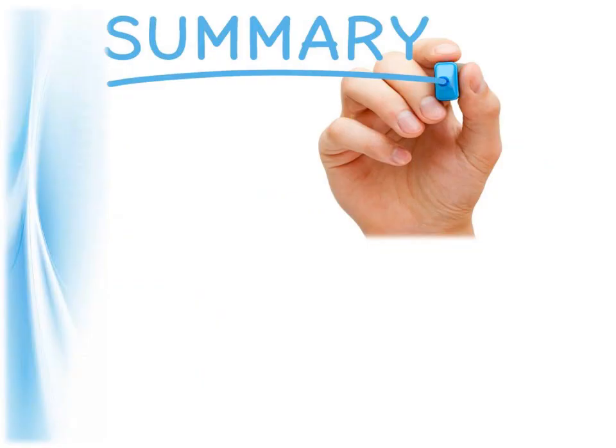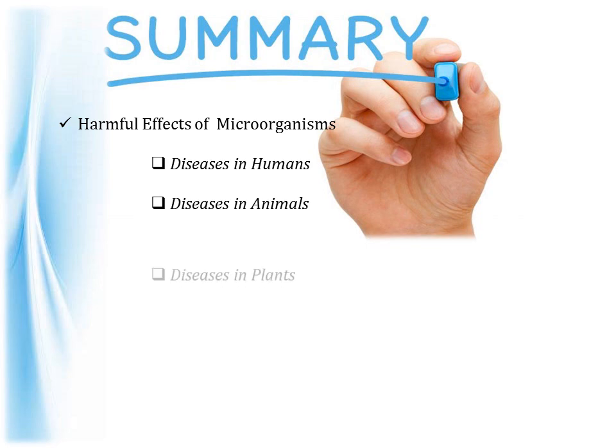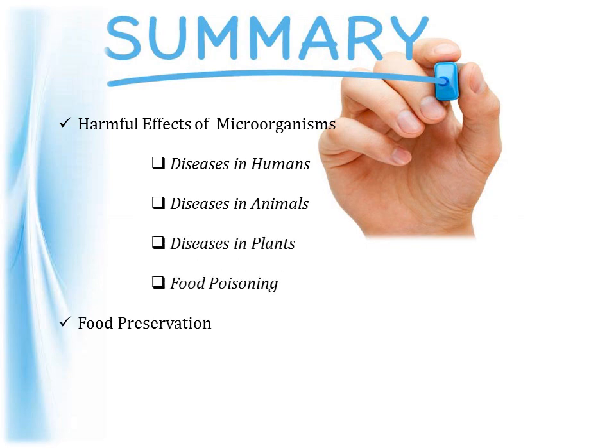So we have come to an end of our video. Now let's take a quick recap of what we have studied in part 2. We studied first the harmful effects of microorganisms, that is the diseases caused by microorganisms in humans, animals as well as plants, and the process of food poisoning.